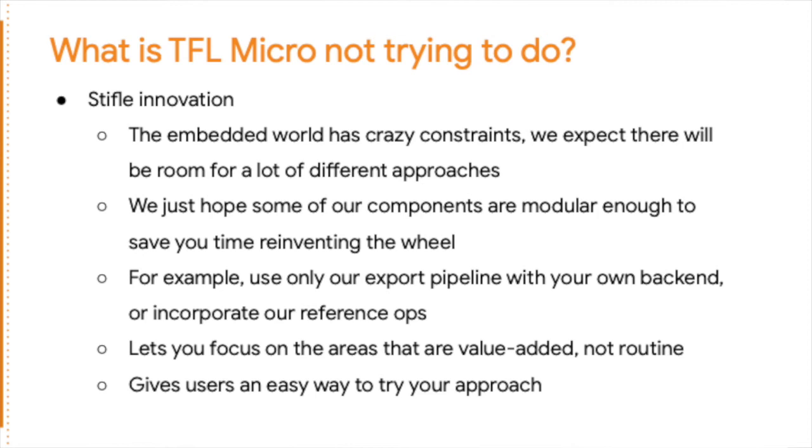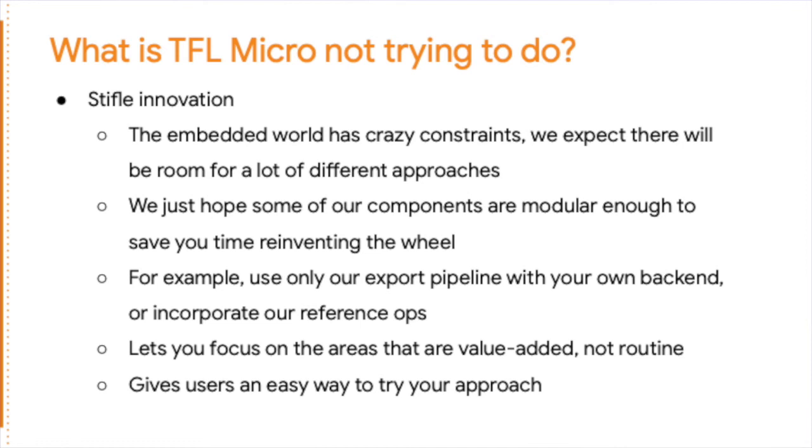I'm just hoping that some of the work we're doing here around things like the reference implementations, things like the conversion process, you can actually grab those and use them yourselves in your own projects. For example, don't write your own export pipeline unless you really, really want to.